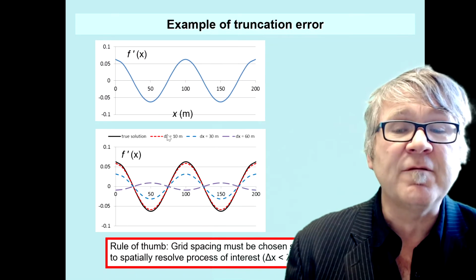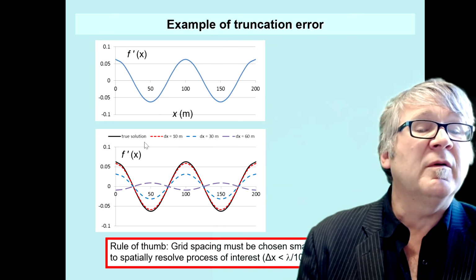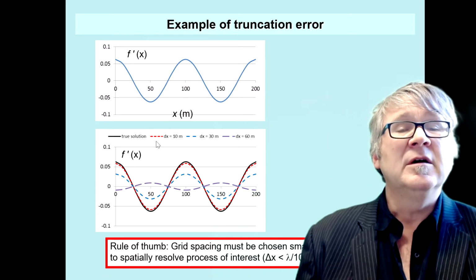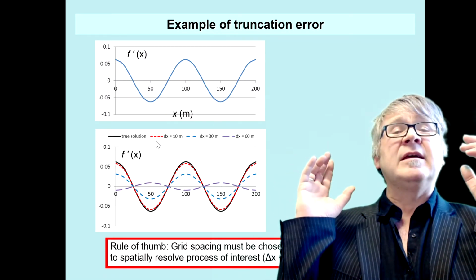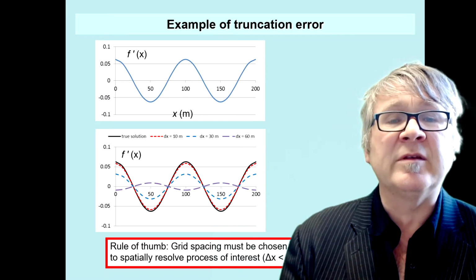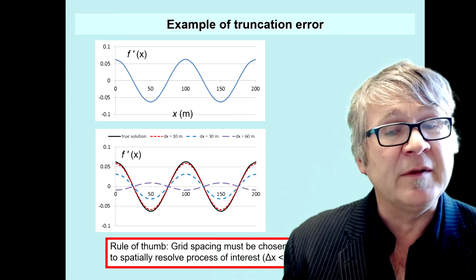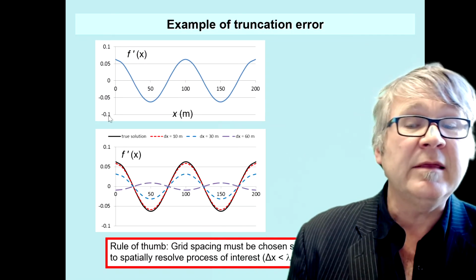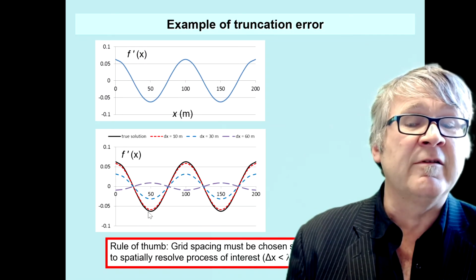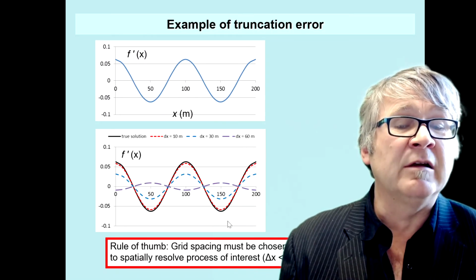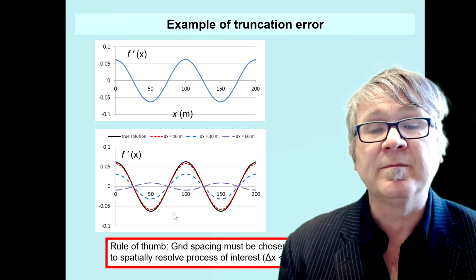The red curve shows you the choice of a grid spacing of 10 meters. What it means is that there are 10 grid points within the wavelength. The wavelength was 100 meters, so you have 10 grid cells covering your wave. And you get this, the first derivative looks pretty good. You almost follow the analytical solution, which is the black line.